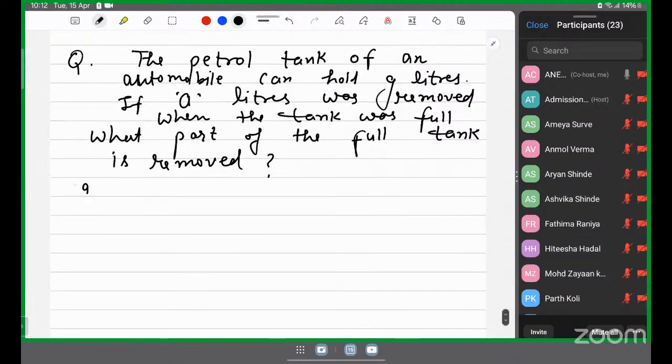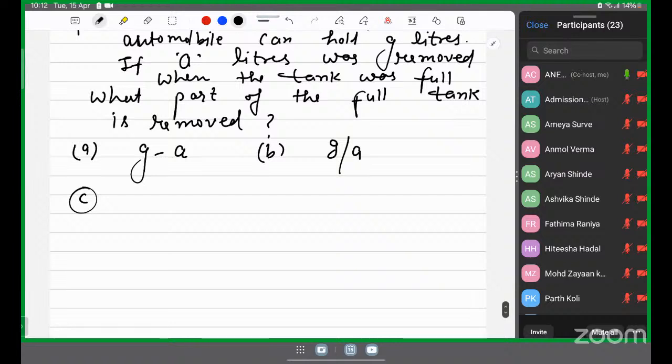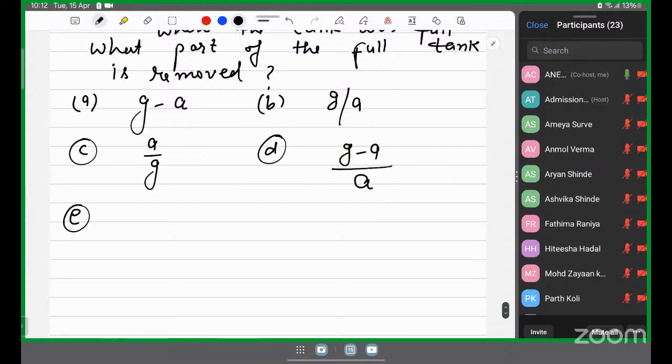Option A, G minus A. Option B, G by A. Option C, A by G. Option D, G minus A by A. Option E, G minus A by G.